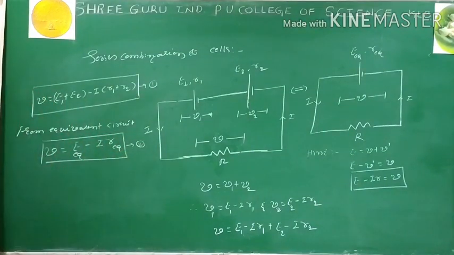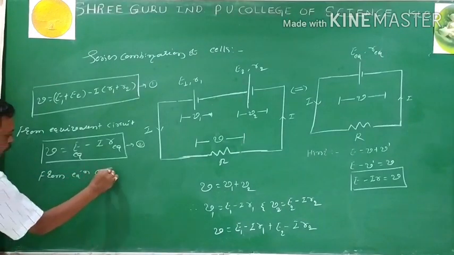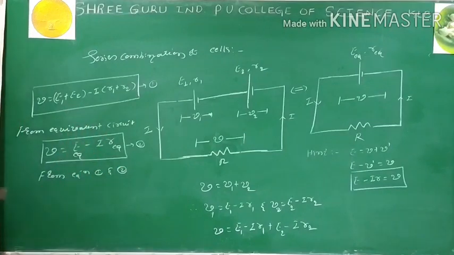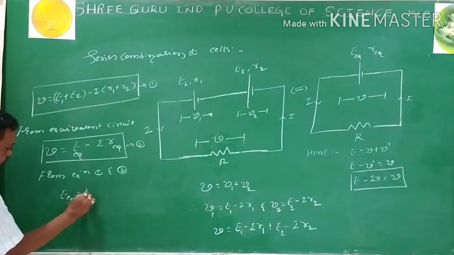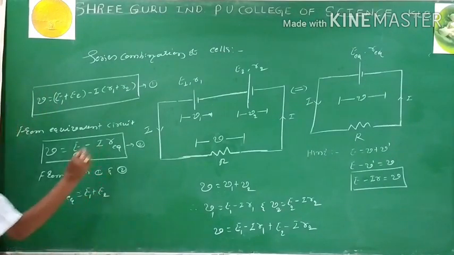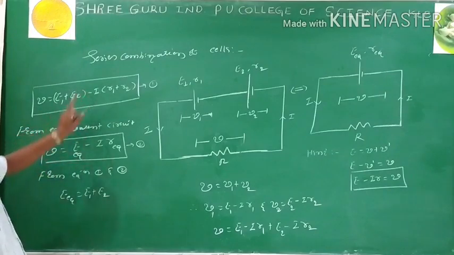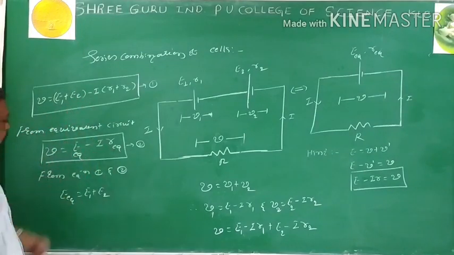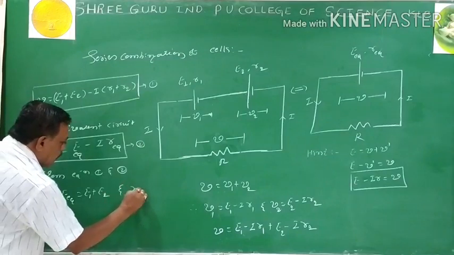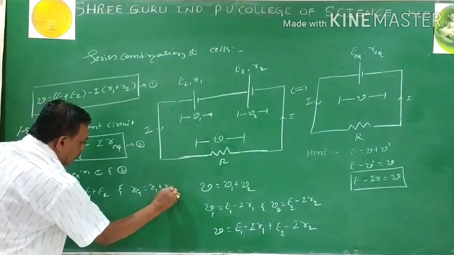Is it clear? Then from equation 1 and 2, I go for comparison. V: E equivalent equals E1 plus E2, minus I R equivalent equals R1 plus R2.